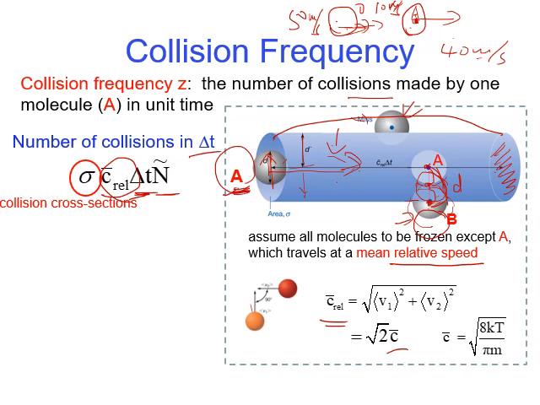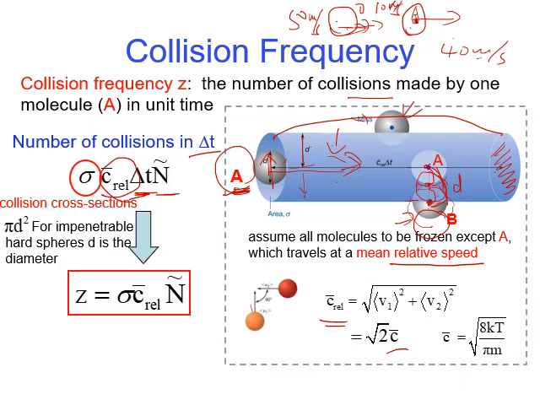All right, so what's the collision frequency? You need to divide it by time. Okay, so when you divide by delta t, you get the cross-section area, times the relative speed, times the number density.